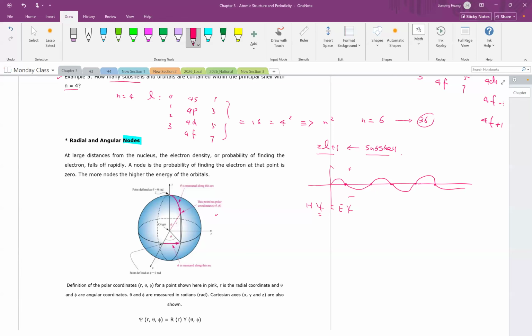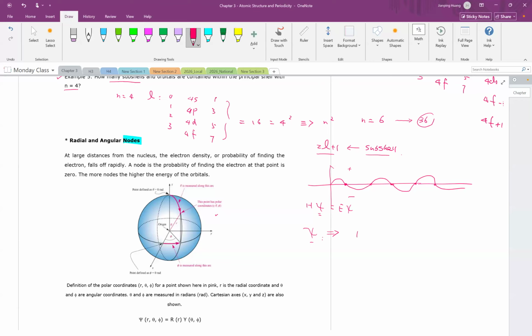What does psi mean? Psi is the atomic orbital, a wave function. In order to easily understand the node, we are going to divide this wave function into 2 parts.